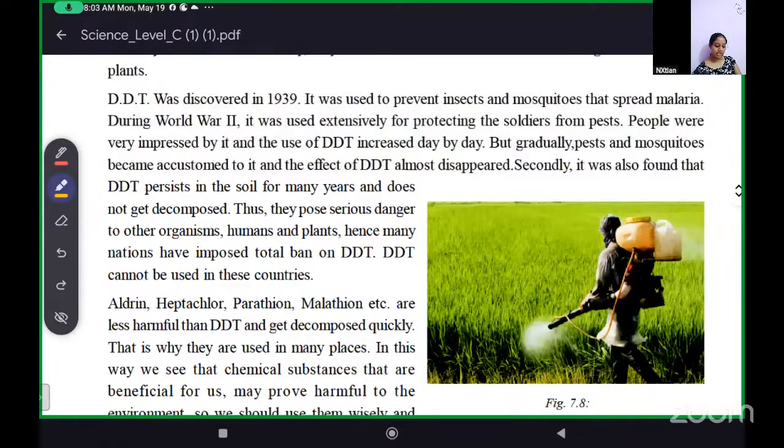That is why DDT was banned, that is why its usage was stopped. DDT is not really used anymore because it's very harmful for animals. Mostly, pesticides that should be used should not harm the other animals. It should not cause that damage.